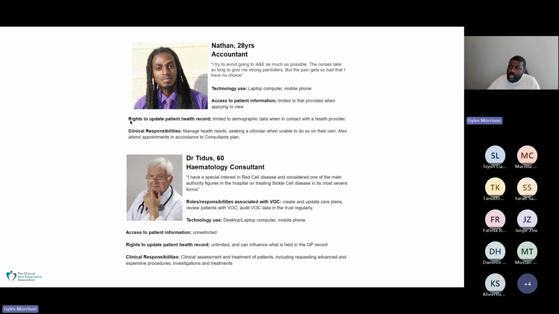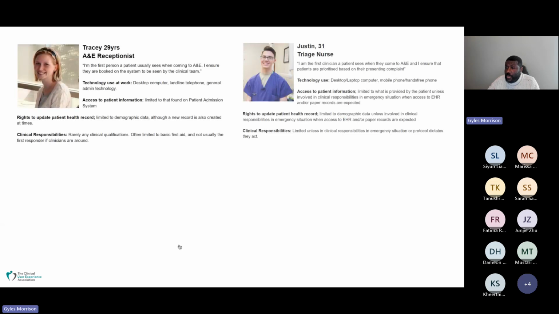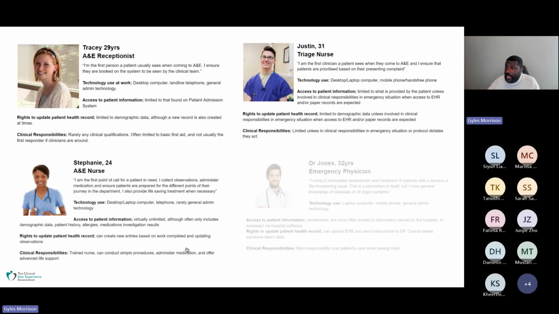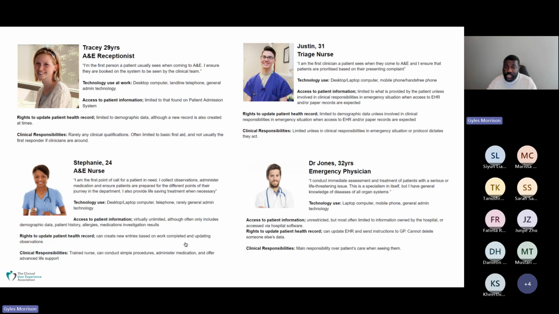So I came up with a persona of an actual patient themselves, and they can be a professional, the hematologist that normally sees the patient, and then also someone who would first see the patient when they go into a pain crisis. So a receptionist, triage nurse, A&E nurse, and the actual emergency physician.